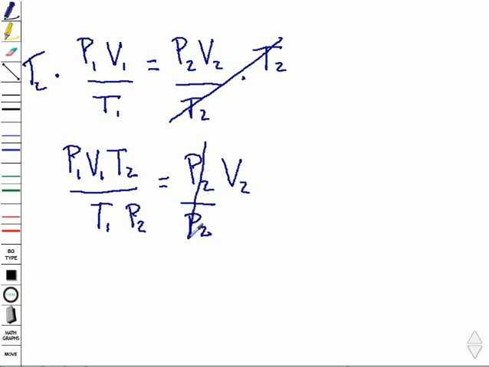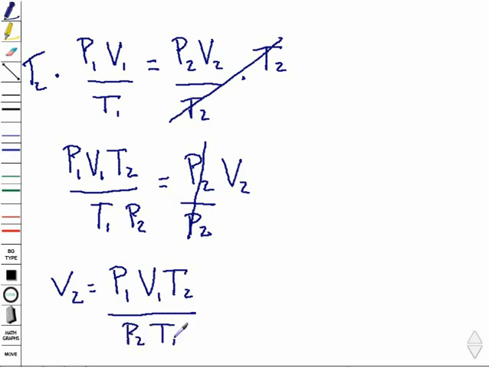This cancels. So we are left with the expression for the volume of our second container as the pressure in the first times the volume of the first times the temperature of the second divided by the pressure of the second times the temperature of the first.